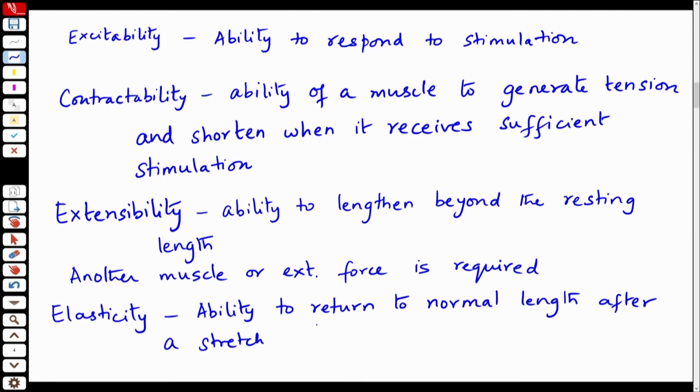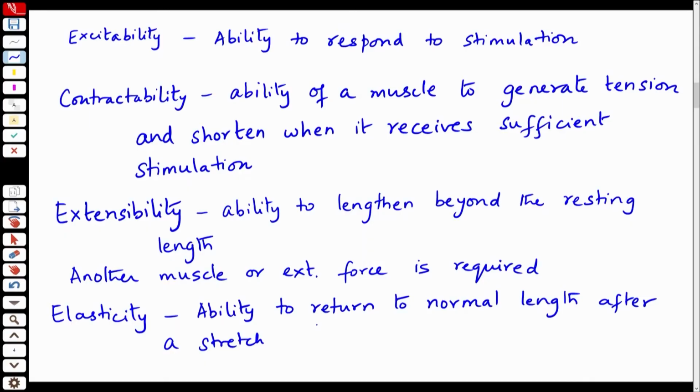In contrast, if you take the ligaments for instance, the ligaments are very collagenous, which makes them rather inextensible. So, if they are stretched beyond their maximum length, then what happens is they do not return to their original resting length, and because of that you will have what is known as laxity in the joint.